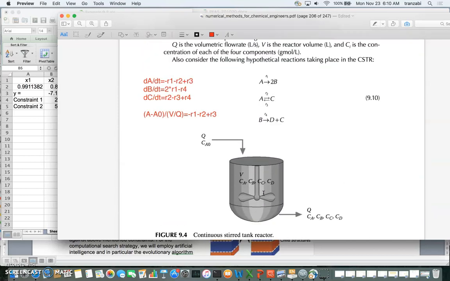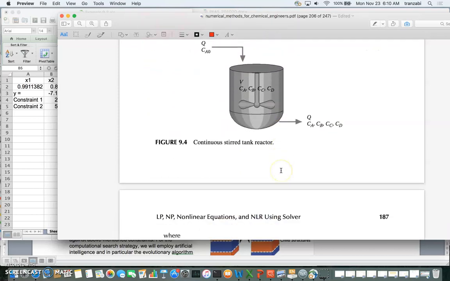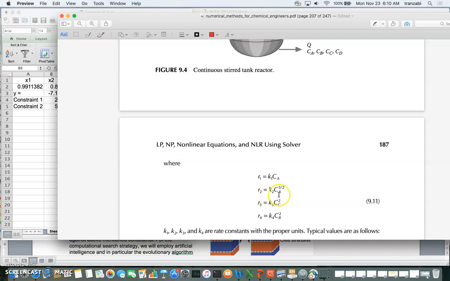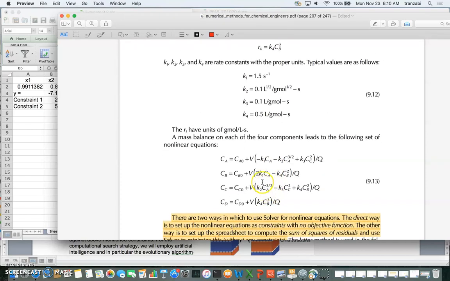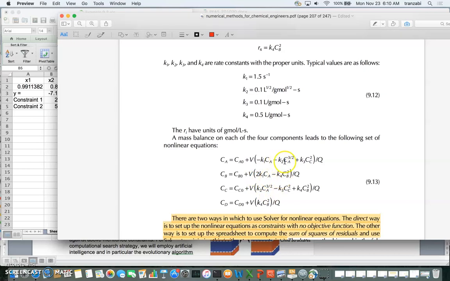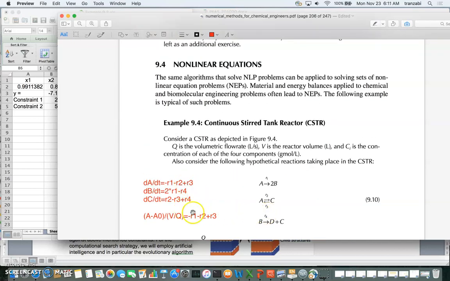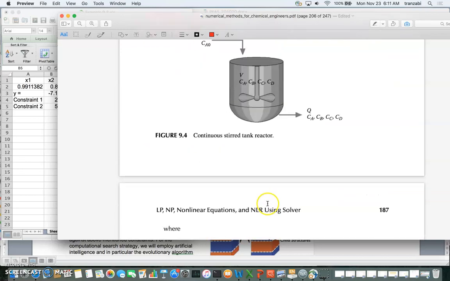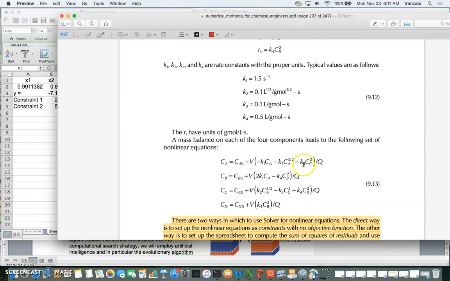So here's minus K1CA right here. And then R2 is going to be K2CA to the 3/2, and here is minus K2CA to the 3/2. And then the last one is plus R3, which is K3 times CC squared, and here's plus K3 times CC squared.